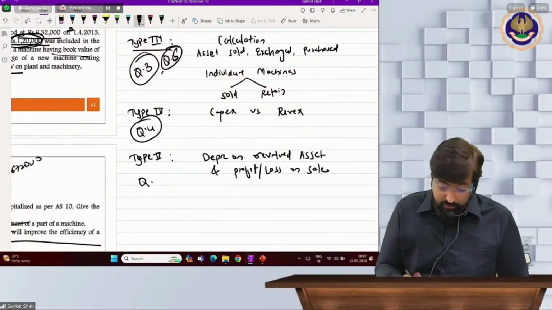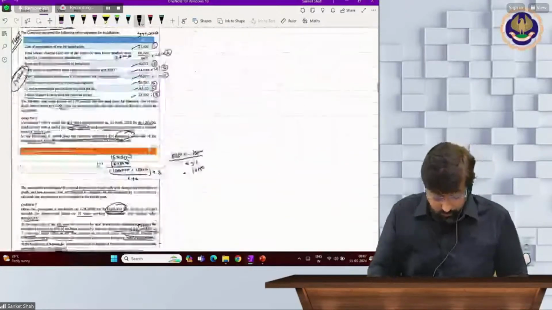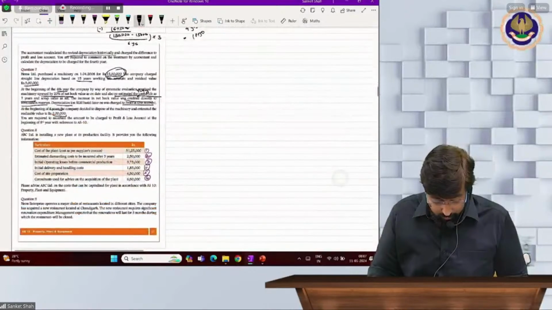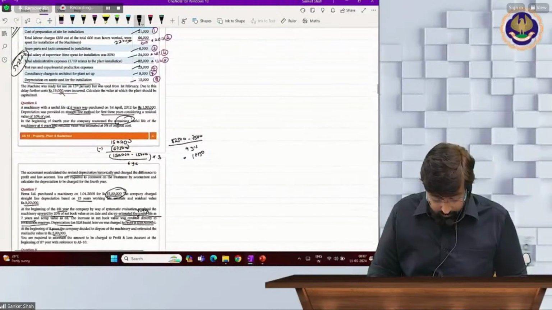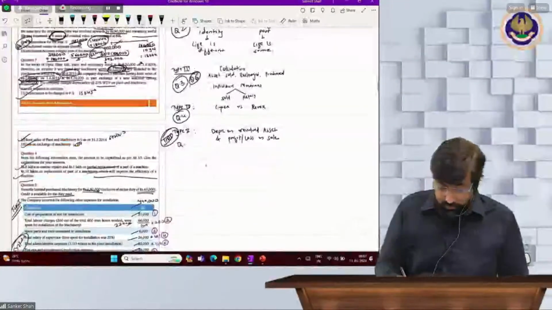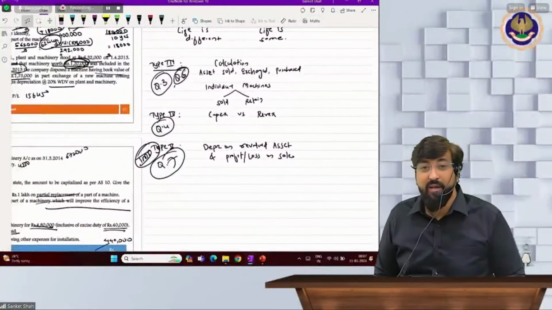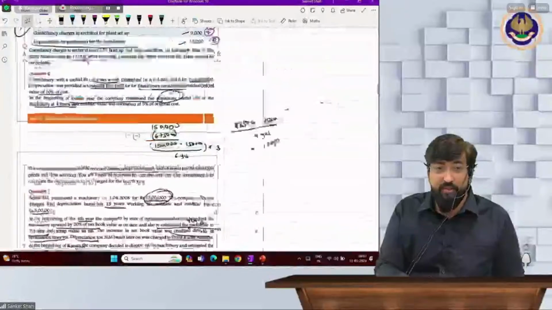Question number, most IMP question. Yes, IMP question. Question number 6 or 7. 7 it was, sorry. Question number 7. Depreciation on revalued asset and profit or loss on sale. IMP question, question number 7.